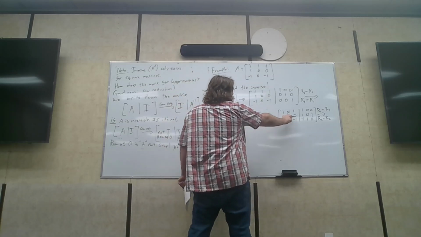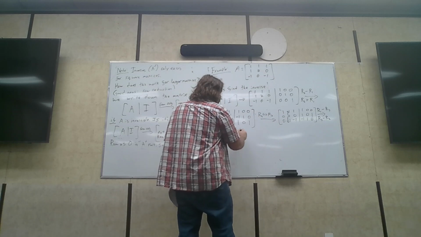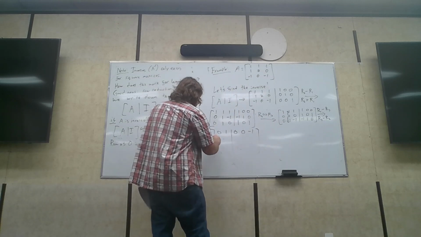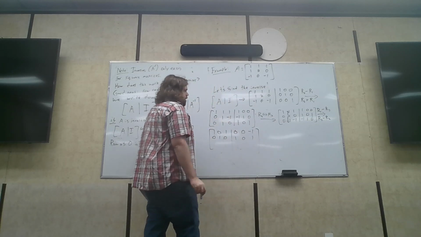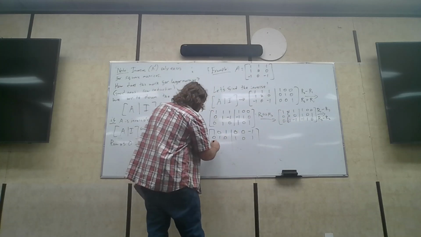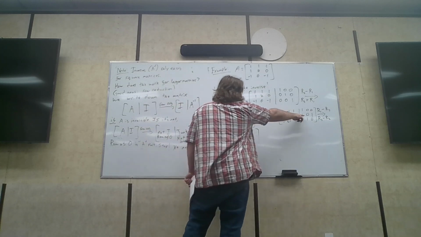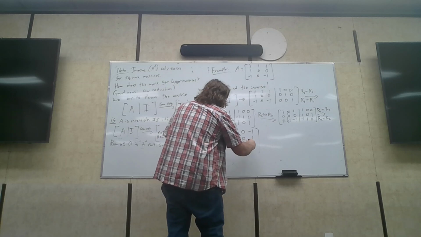We've subtracted this row from this one. So this is going to be 0, 0 minus 1. This stayed the same. This row taken away from that one. This row taken away from this one. So minus 2, 1, minus 1.